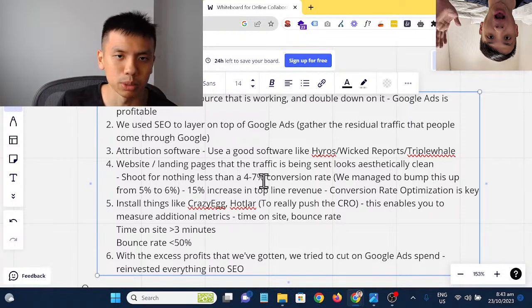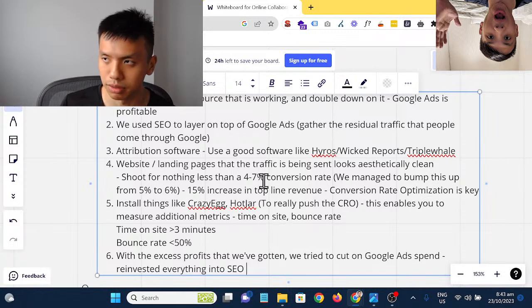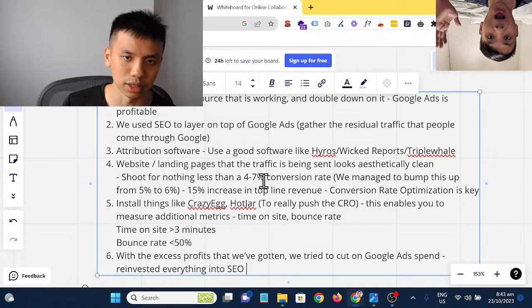Of course, we want to continue spending on Google Ads. If we could spend like 100,000 a month on Google Ads, we would definitely do that. But then we face other issues like the cost of inventory, manpower, fulfillment, delivery, whatever it might be, and all these add up on the cash flow side of things.